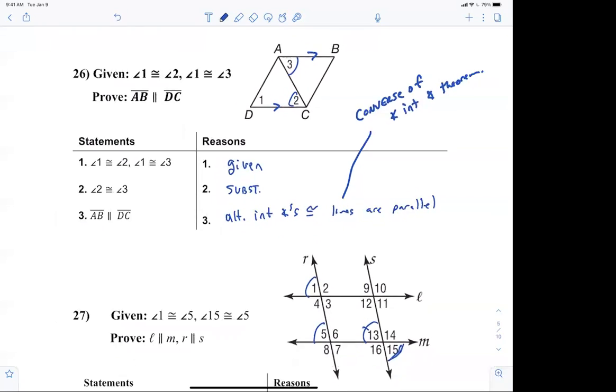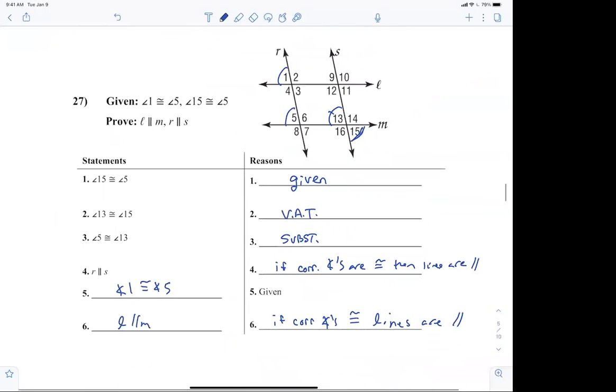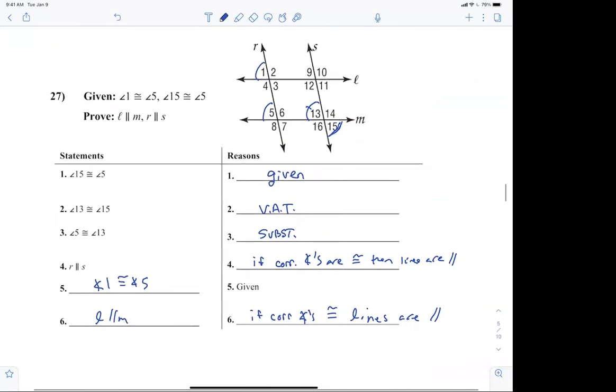All right, let's slide down to 27. What are we thinking here, guys? I don't think 4 and 6.